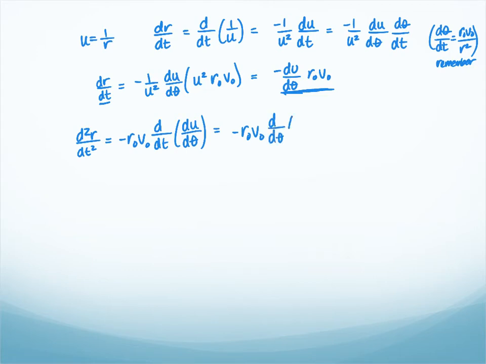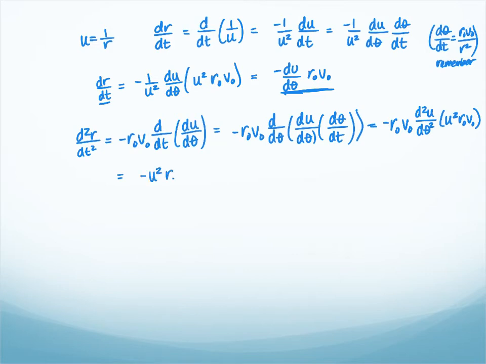We're going to use the chain rule. And so what we've done successfully now is we have found expressions for the first derivative of r with respect to time.